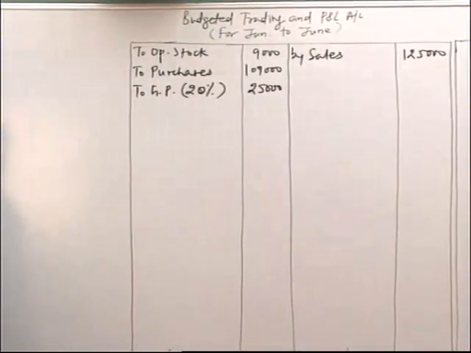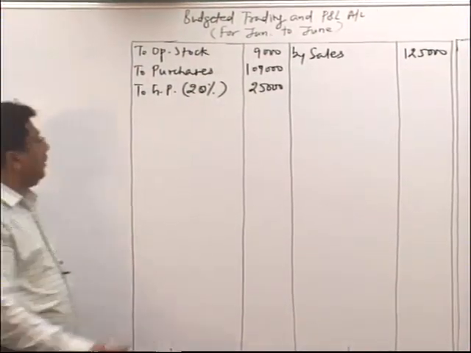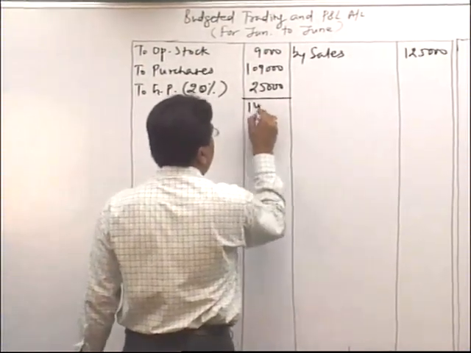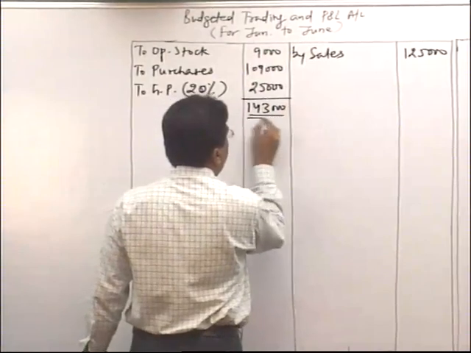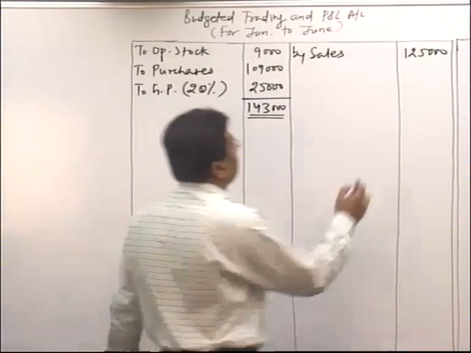Now we have entered all the items on debit side. Make total of debit side and the difference on credit side will be the closing stock. Total of debit side is 1,43,000. Deduct 1,25,000, the resultant figure is 18,000.